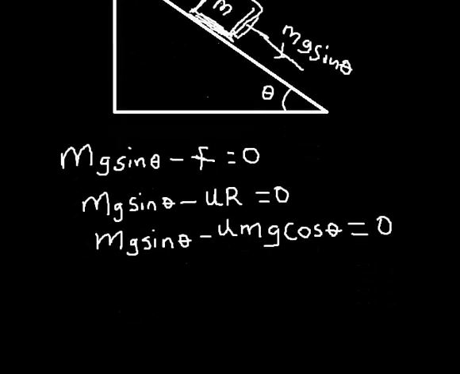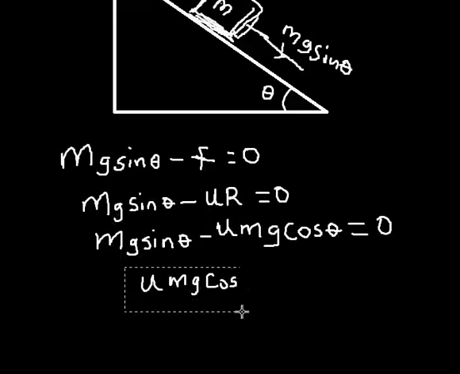So rearranging this equation, remember I'm looking for the coefficient, so I take mu mg cos theta to the right side of the equation. It was minus here, so when I take it to the other side, it becomes plus.